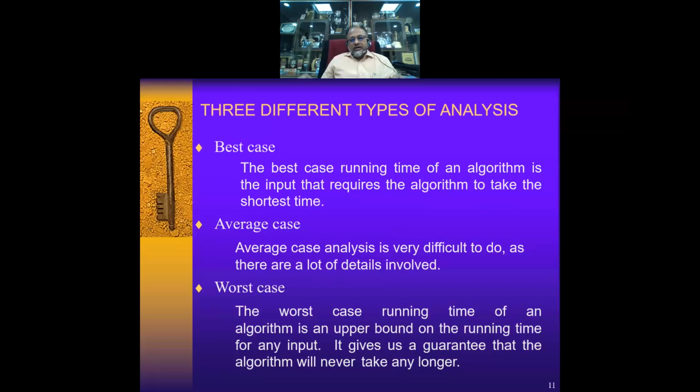Suppose you are given 100 numbers, and what the best case indicates is that if the number you are searching for is the first number in the given set, then immediately, in a fraction of a second, your algorithm will say that yes, the number is available.